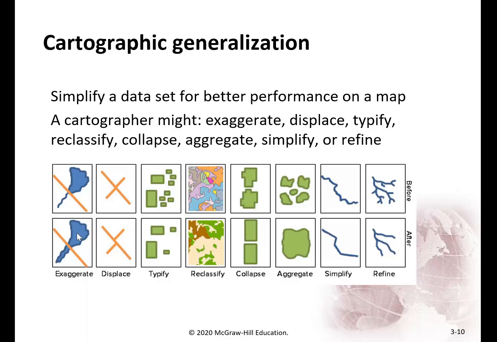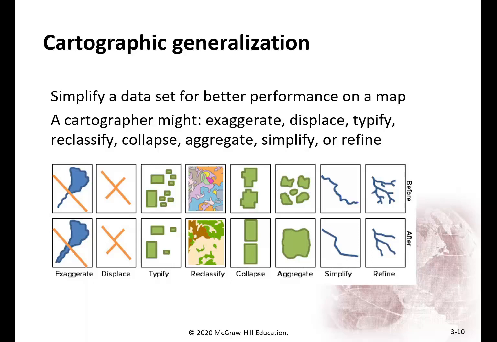Exaggerating data will often give a feature more importance or more prominence on a map. For example, increasing the width or the size of a body of water will make it more prevalent on a map. Displacing features slightly will ensure that they do not run over each other.